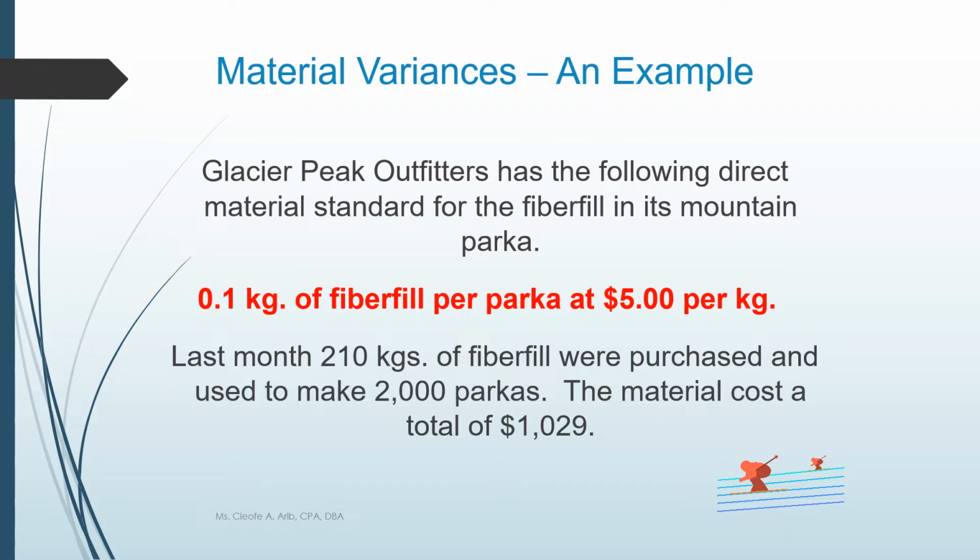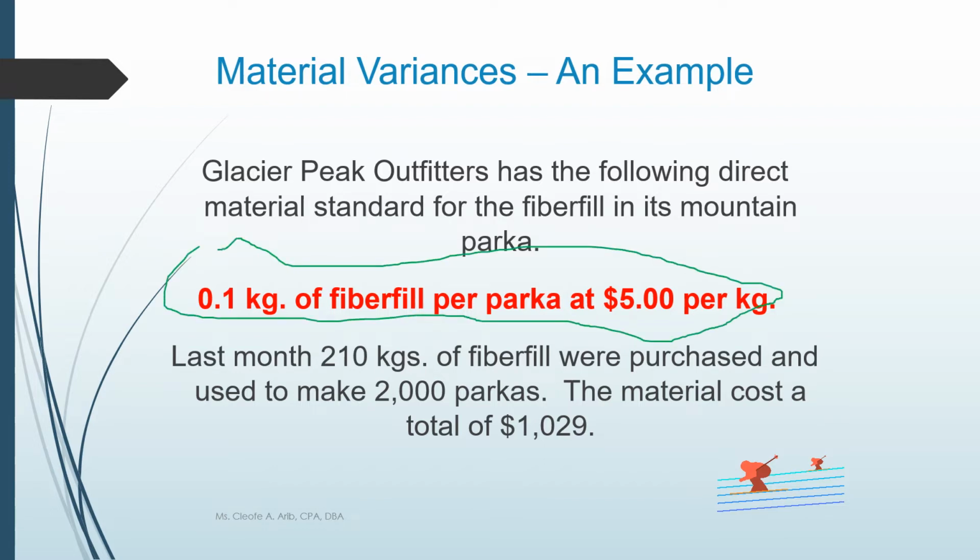So, if we analyze the given, this one, the one colored red, this is our standard price and standard quantity. So your standard price is $5 per kilogram. And then your standard quantity for each unit of parka, you should be able to use 0.1 kilograms.